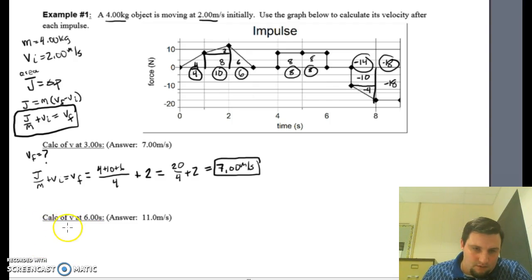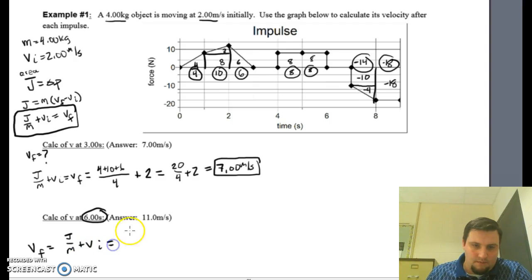Okay, let's do the same thing again, but for the first 6 seconds. So the final velocity is impulse over mass plus the initial velocity. For the first 6 seconds, we said the impulse is 20. So that's 20 plus 16. 20 plus 16 will give me, I believe, 36.